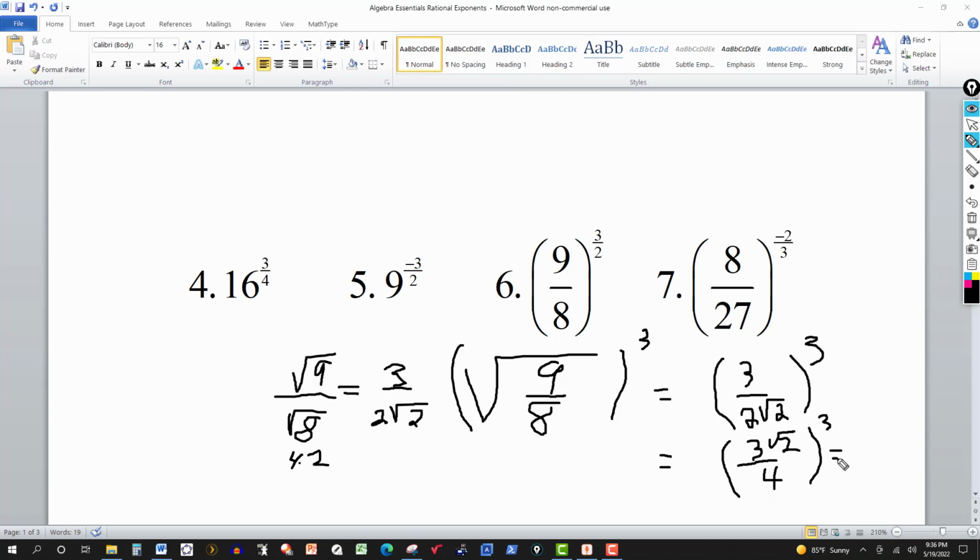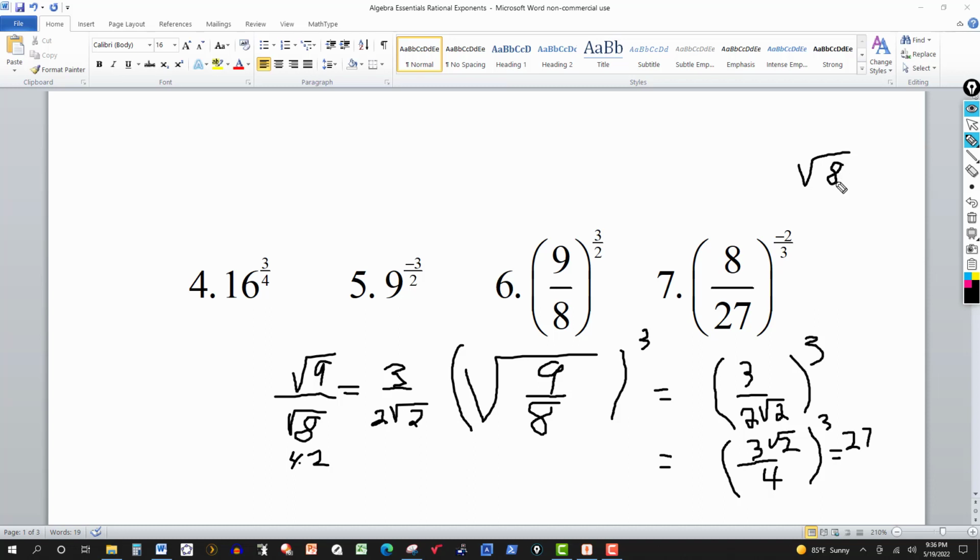And this is going to equal 3 to the 3rd power, that's 27. And then the square root of 2 cubed is the same thing as the square root of 8. 3 factors of radical 2 would be the square root of 8.